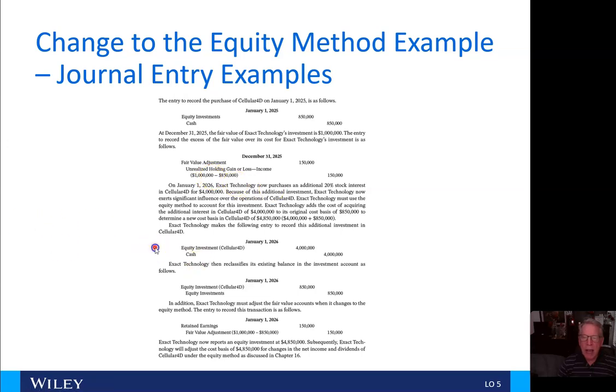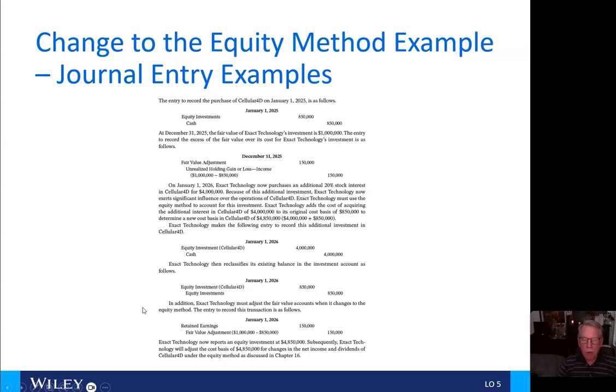Acctg Technology makes the following entry to record this additional investment. It will debit equity investment for $4 million and credit cash. Additionally, it will debit equity investment in Cellular 4D for $850,000 and credit equity investments for $850,000. In addition, it must adjust the fair value accounts when it changes to the equity method.